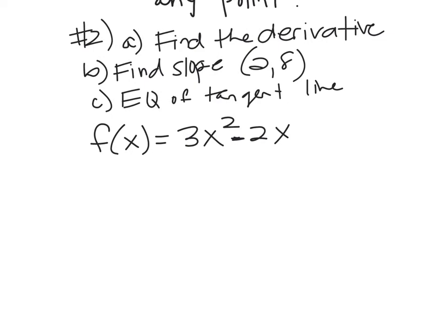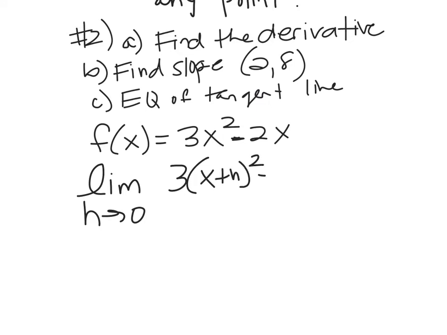So here we go. Are you ready? We're going to do the whole thing. So we're going to take the limit as h goes to 0. And so here's the hard part. The hard part is f of x plus h. So you take x plus h and you plug it into your function. So that would be 3 times (x plus h) squared minus 2 times (x plus h). Is anyone stuck on that? No?